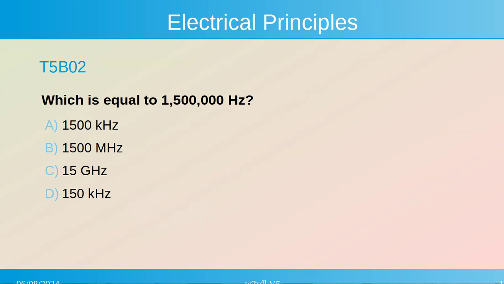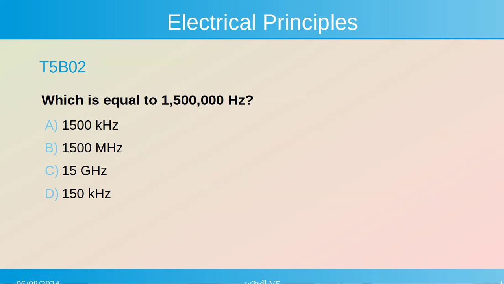So if I wanted to convert hertz into kilohertz, I'm gonna divide it by 1,000, right? So if I divided 1.5 million hertz by 1,000, I'm gonna get 1,500 kilohertz. Turns out that's probably the right answer, right? If I was to say how many megahertz that is, then I'm going from hertz to megahertz. There's 1,000,000.